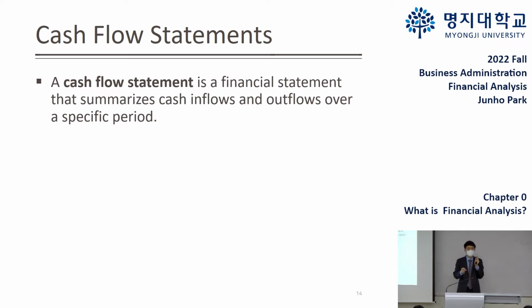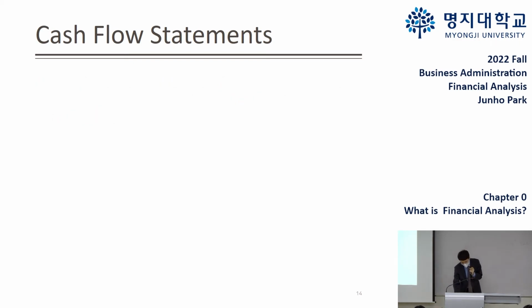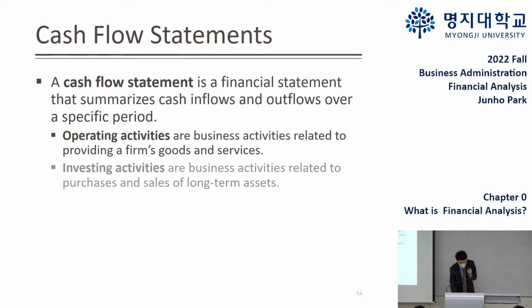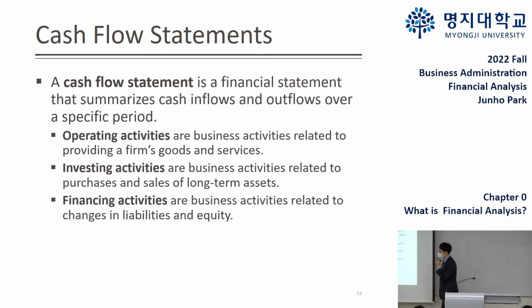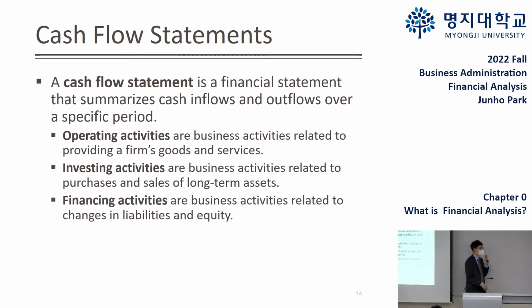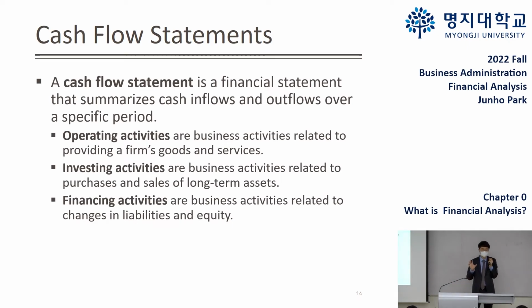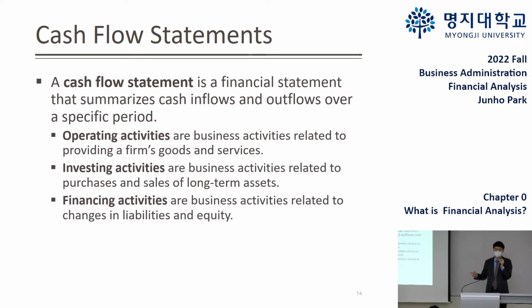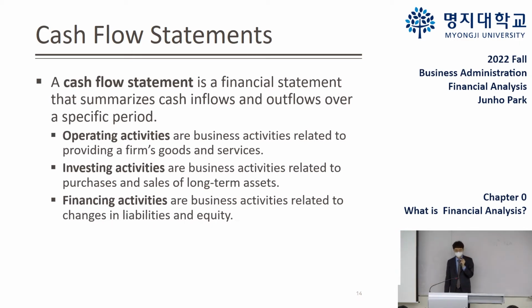So we have 3 categories of activities. They are operating activities, investing activities, and finally financing activities. First, operating activities are the activities you do in the production and selling process of your services and your products. So these are the core activities you need to do for your business.